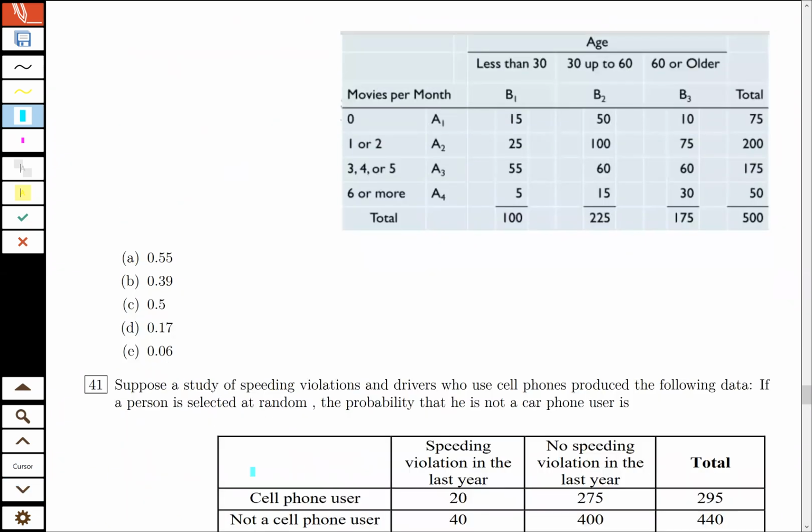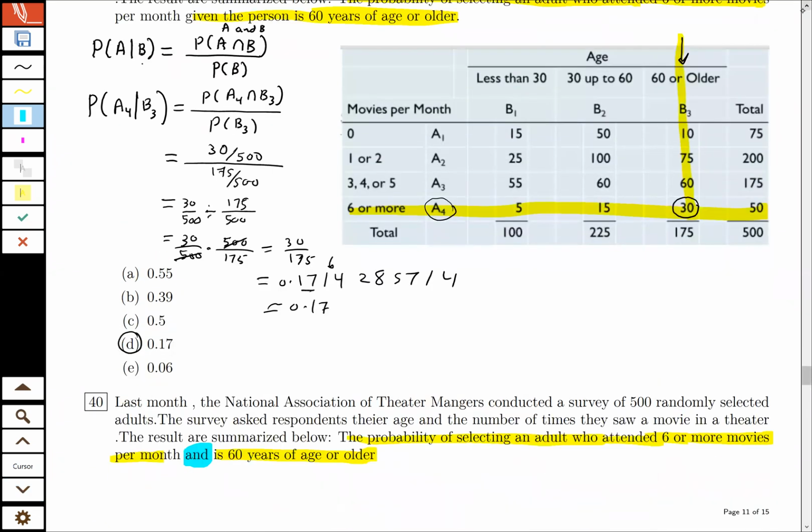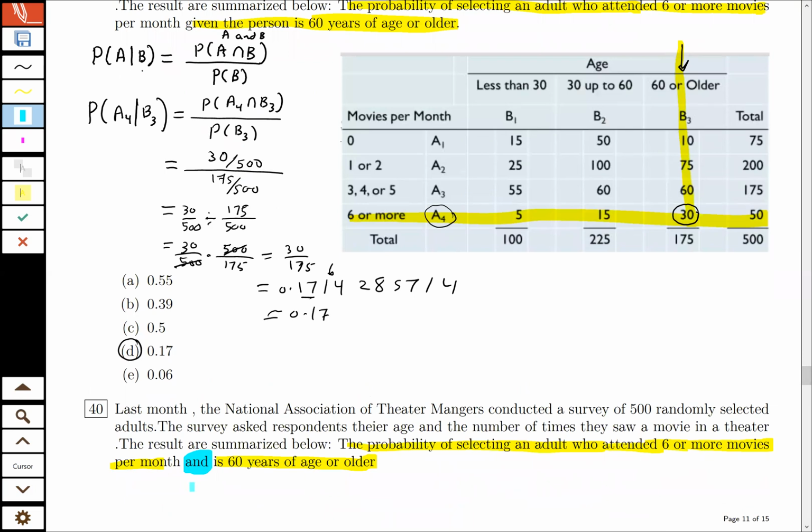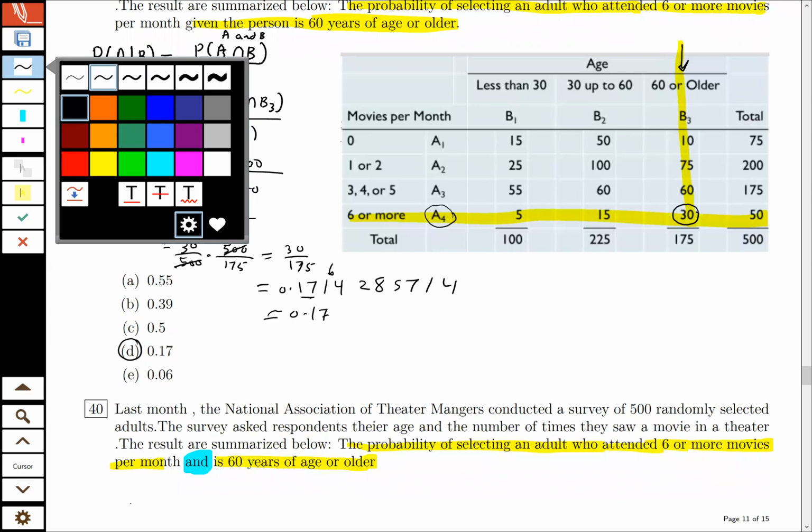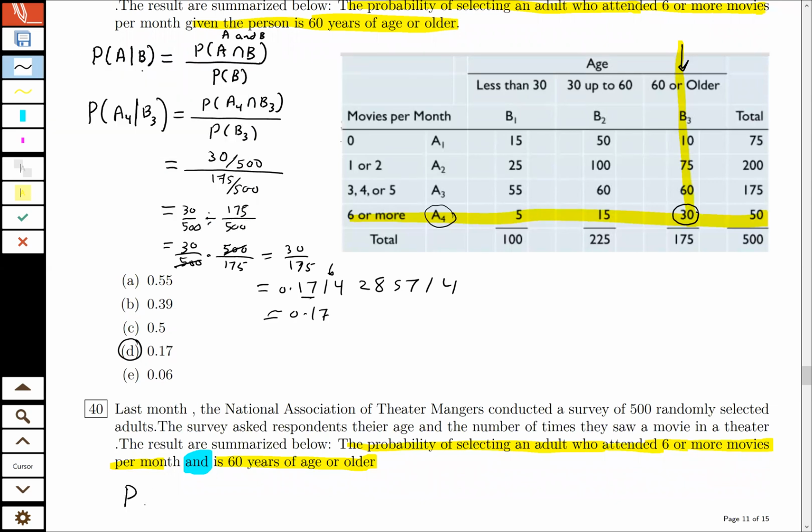So here we have our question. It says and. Probability of an event A and B will mean probability of A times probability of B. And means multiplication.